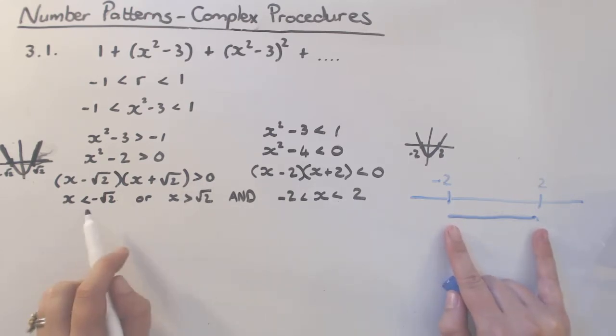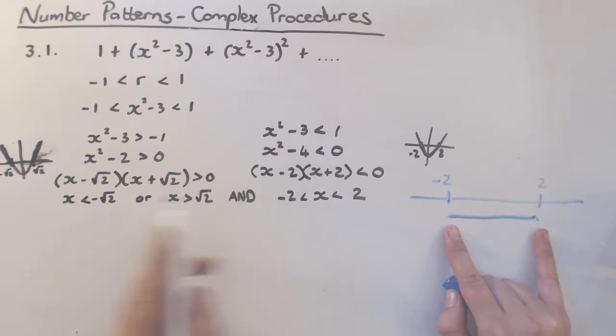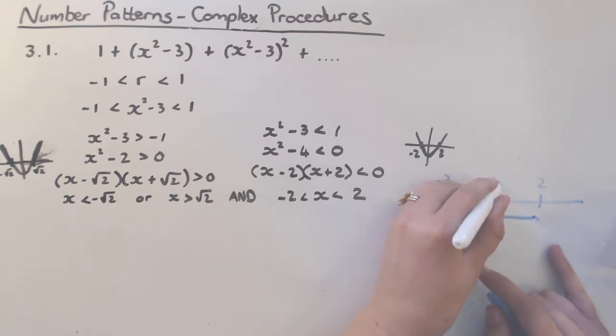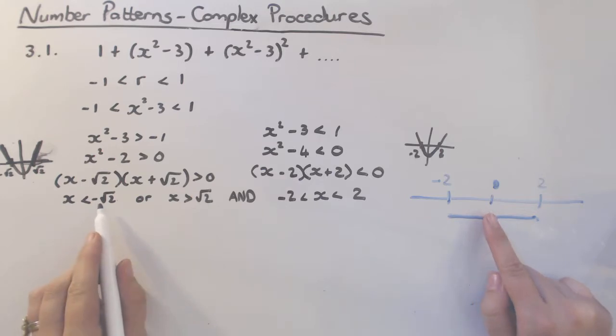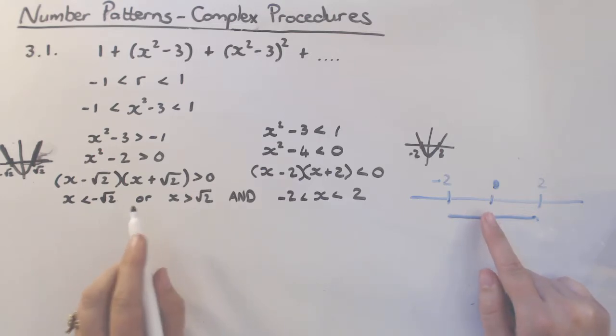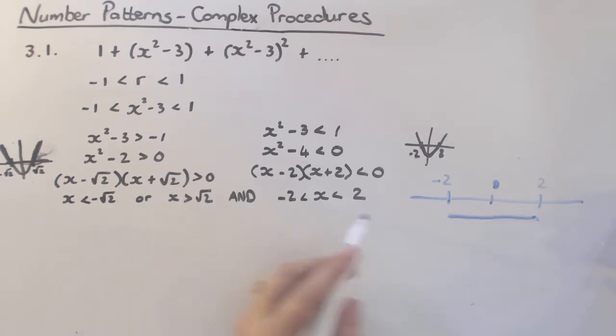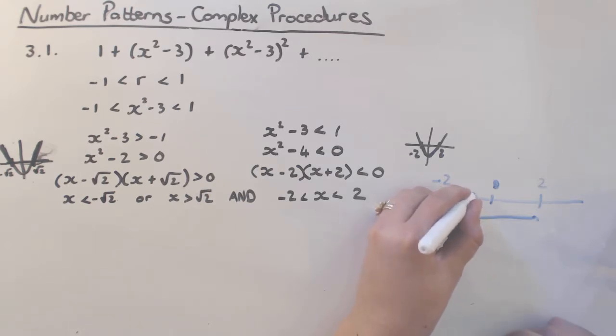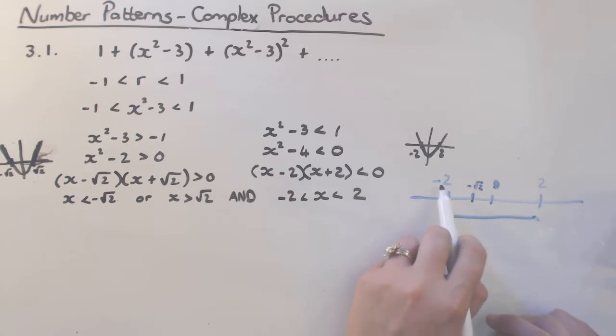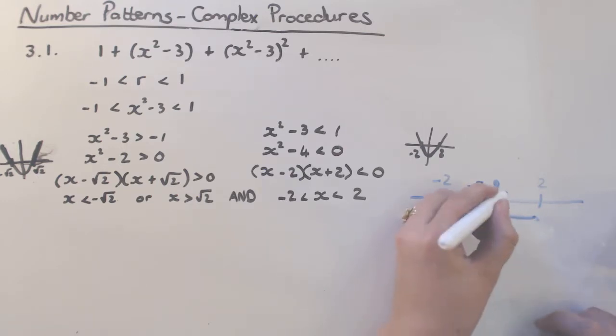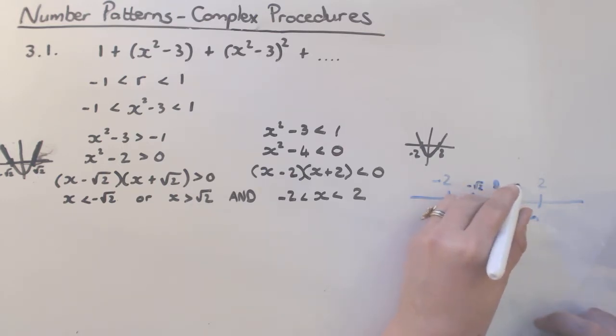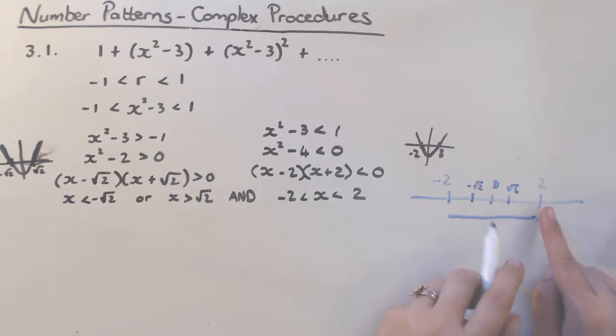And for these limitations, I've got there's 0, minus root 2. Now root 2 will be smaller than 2. So minus root 2 will lie between 0 and minus 2. And root 2 will lie between 0 and 2 somewhere, right?